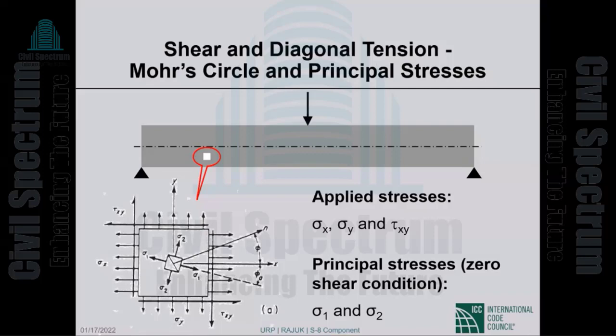Okay? This concept of principal stresses, I'm sure, is not new to you. I'm trying to very, very briefly bring it back. The idea is, when we talk about principal stresses, there are no shear stresses associated with them.